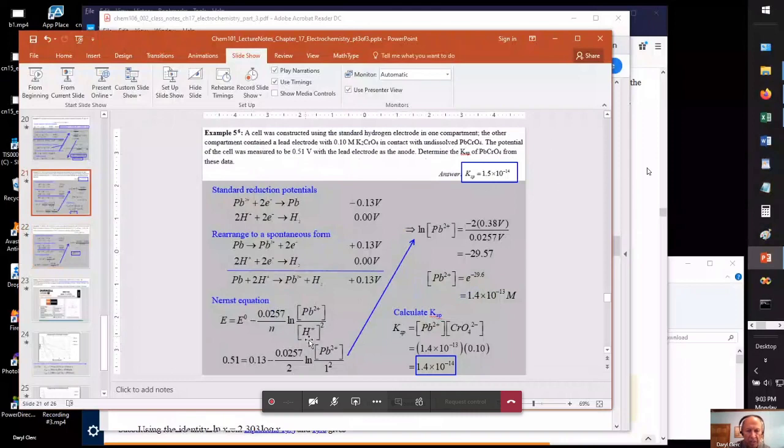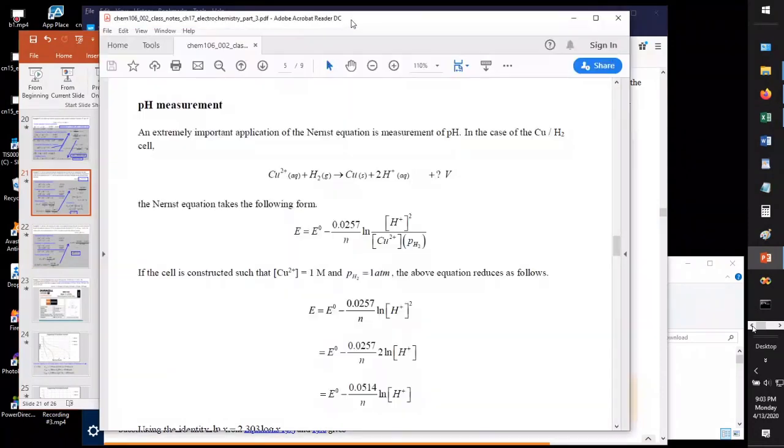We could fix the cell so that we can measure H plus if we wanted to. So it would involve adjusting the standard hydrogen electrode so that H plus isn't always 1 molar. But we could do that and make a pH meter, which is actually how one of those works.